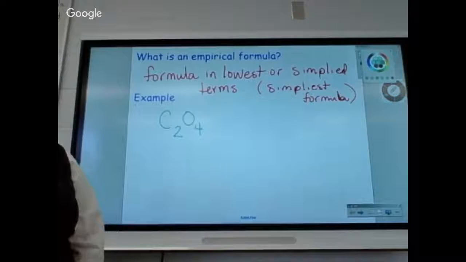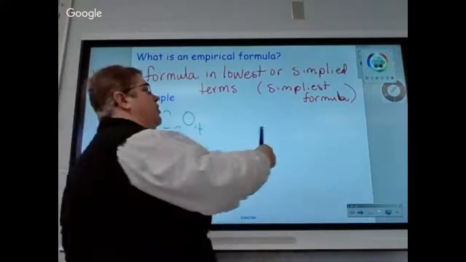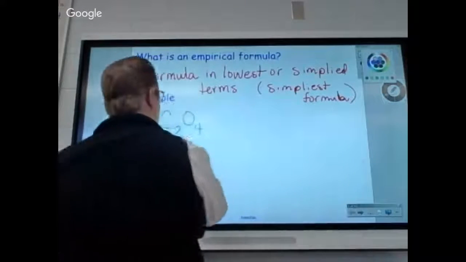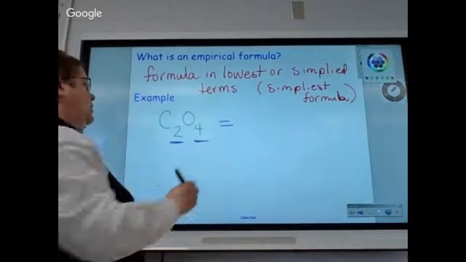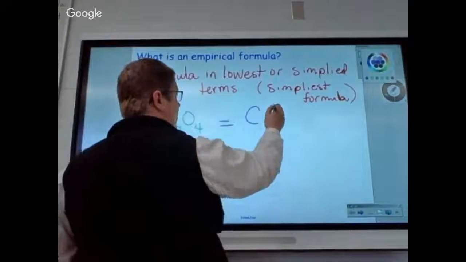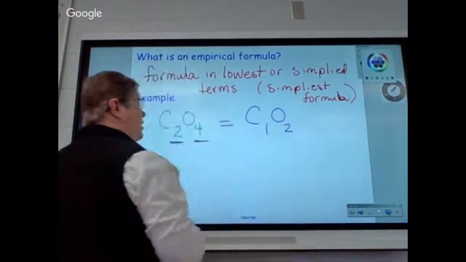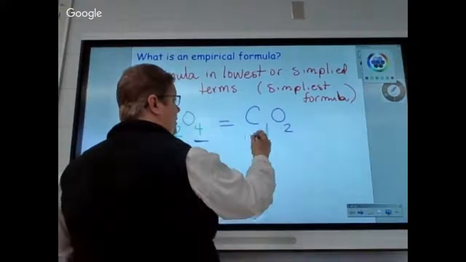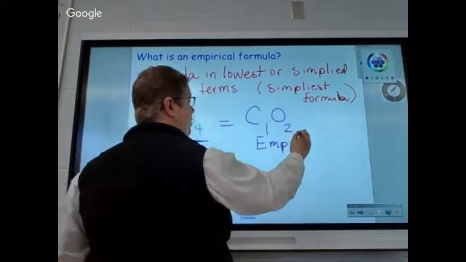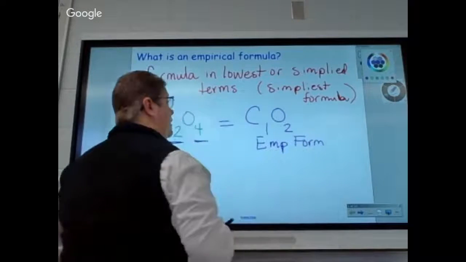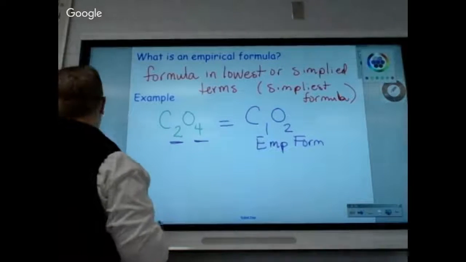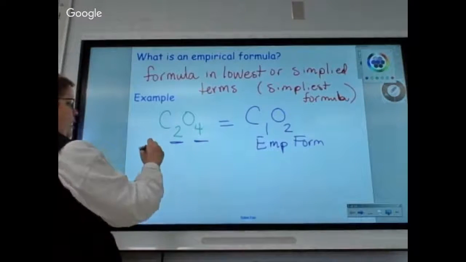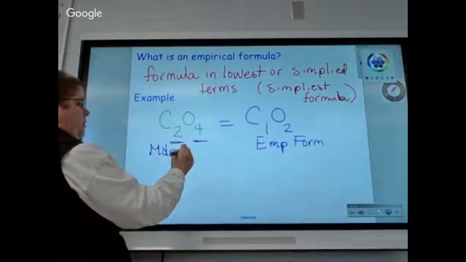Why not, Emma? That's right. If we look at the 2 and the 4, they can be reduced into 1 and 2. So C can be reduced to 1, and O can be reduced to 2. So this is the empirical formula. The C2O4 is going to have a different name that we're going to learn to calculate in a little bit, and it's going to be called the molecular formula.